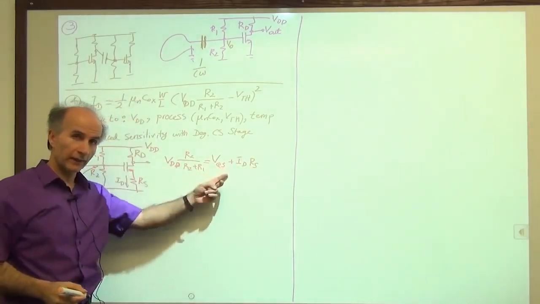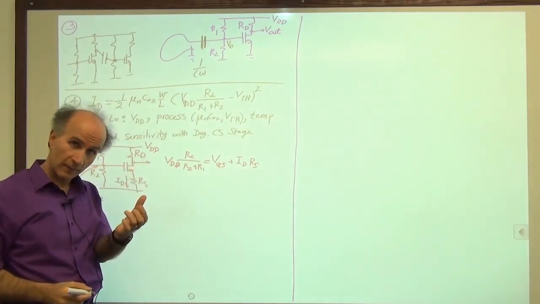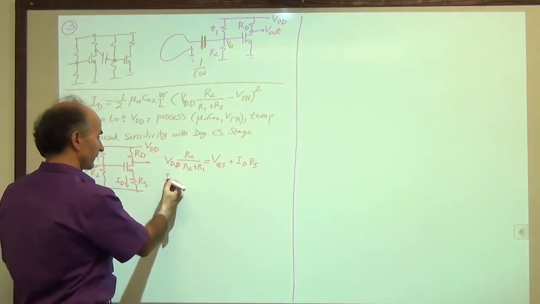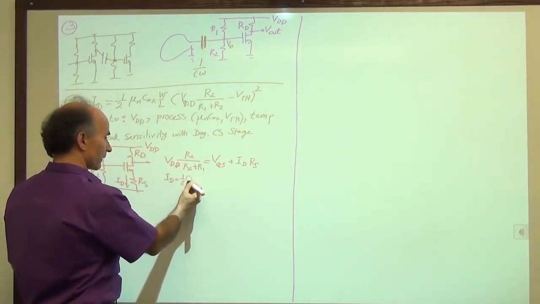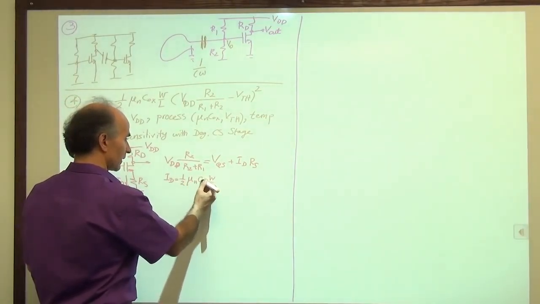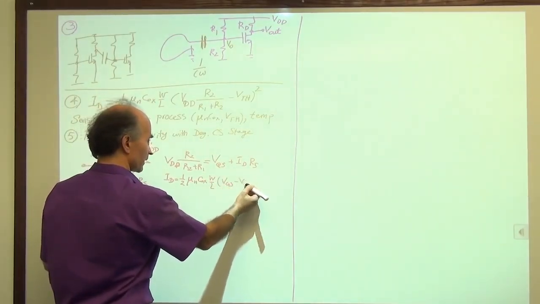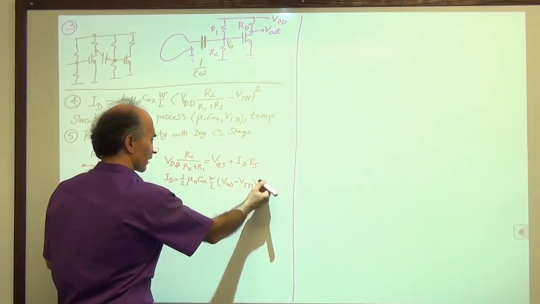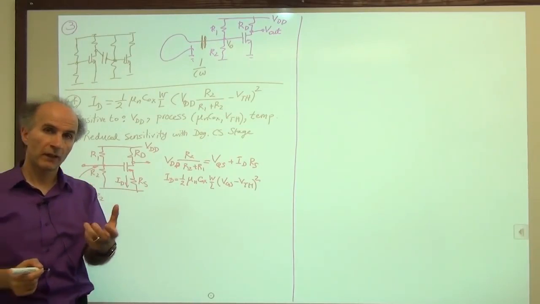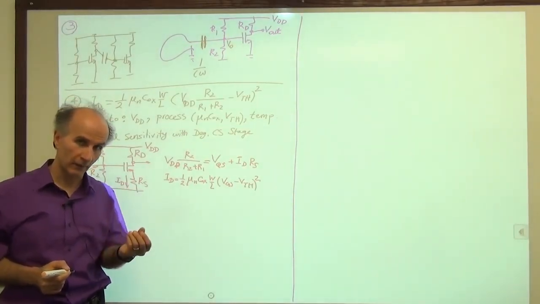We have two unknowns, ID and VGS, but we have one more equation that relates ID and VGS according to this MOS device: ID is equal to 1/2 mu n Cox W over L times (VGS minus VTH) squared, again assuming channel length modulation is negligible. For a given MOS device, we know mu n Cox, W over L, and VTH. These are properties of the MOS device.